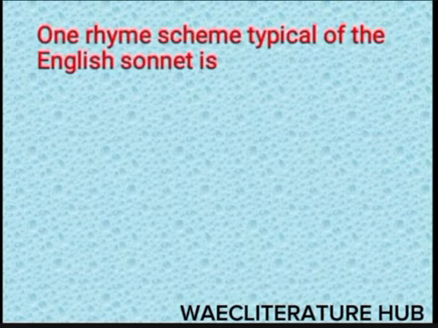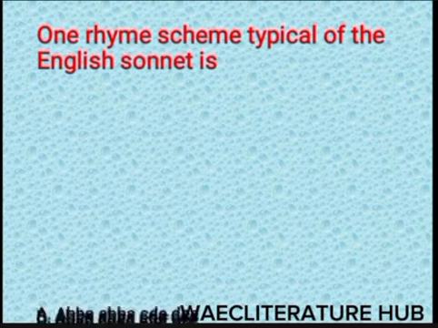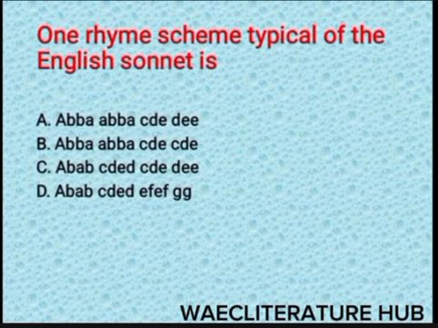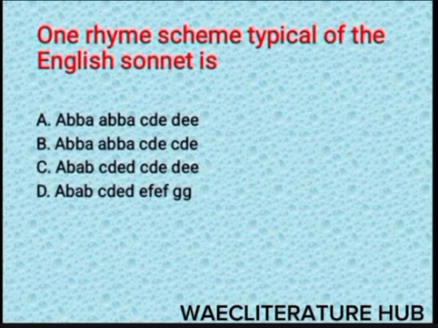One rhyme scheme typical of the English sonnet is: ABBA ABBA CDE DEE; ABBA ABBA CDE CDE; ABAB CDED CDE DEE; or ABAB CD CD EF GG.